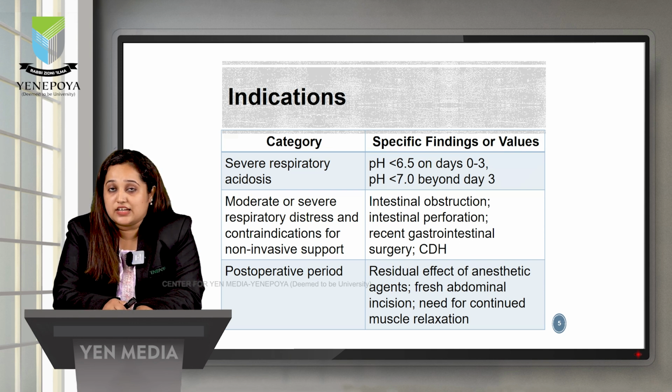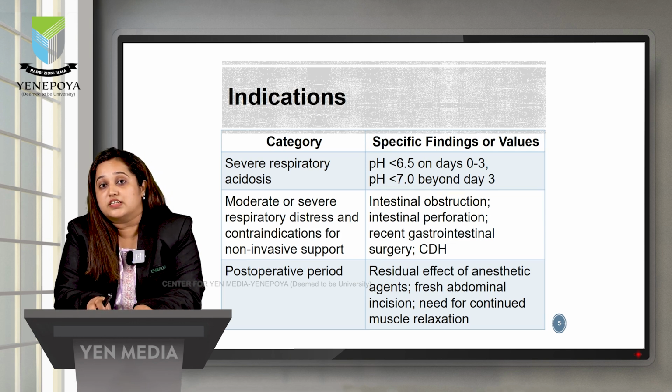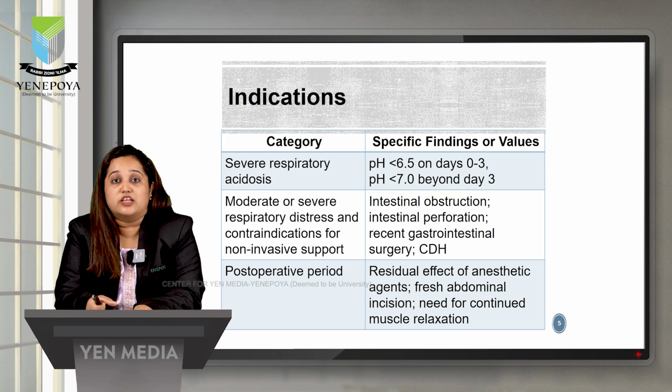Cases such as intestinal obstruction, intestinal perforation, recent gastrointestinal surgery, or congenital diaphragmatic hernia, that is also called CDH. These are the conditions where we cannot give non-invasive ventilation to the baby. We have to directly intubate the baby and then post surgery we can extubate and then think of non-invasive ventilation.